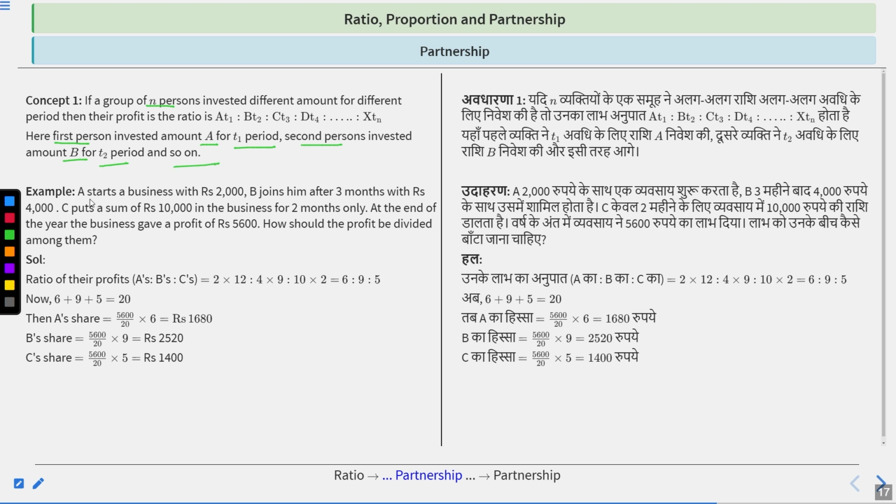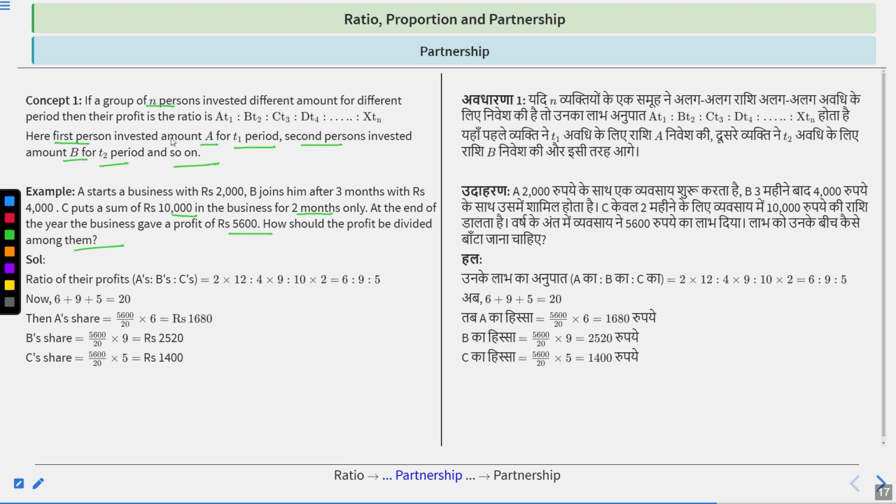For example, A starts a business with 2000 rupees. B joins him after 3 months with 4000 rupees. C puts a sum of 10,000 in the business for 2 months only. At the end of the year, the business gave a profit of 5600. How should the profit be divided among them?